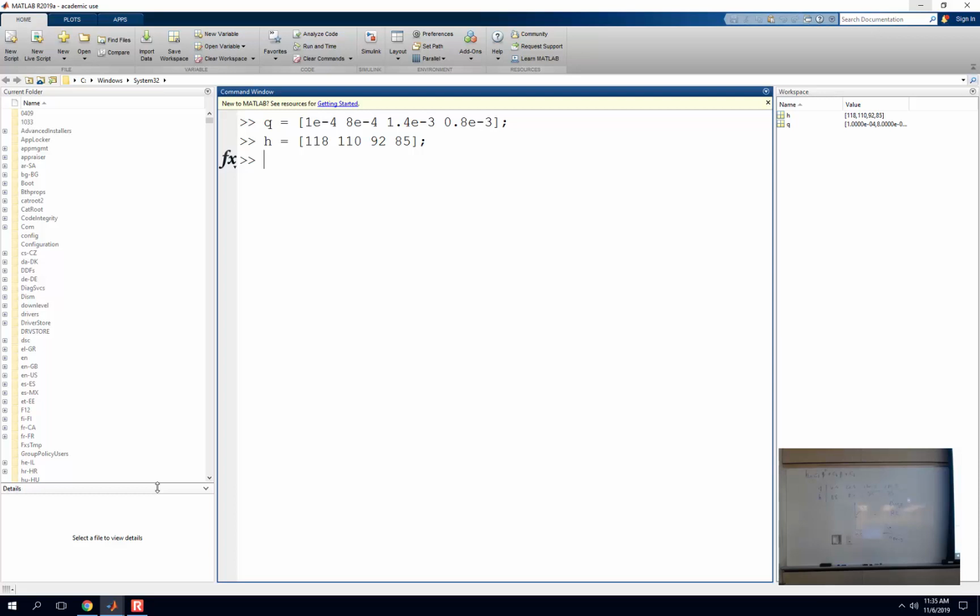Here you will have c1 times qq squared. c of 1, so that's the first element of c, right?